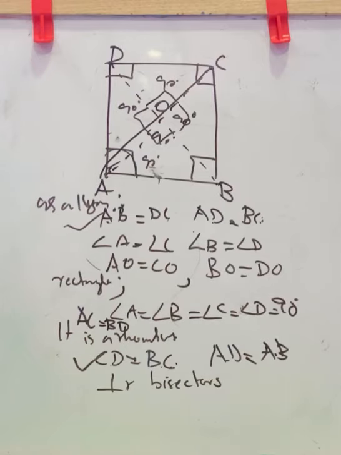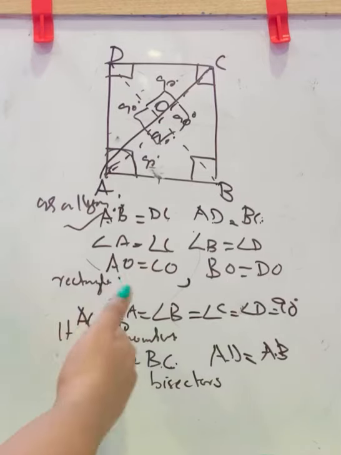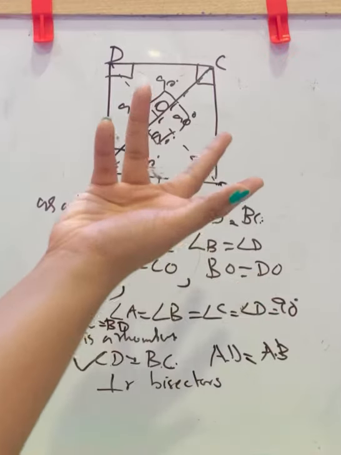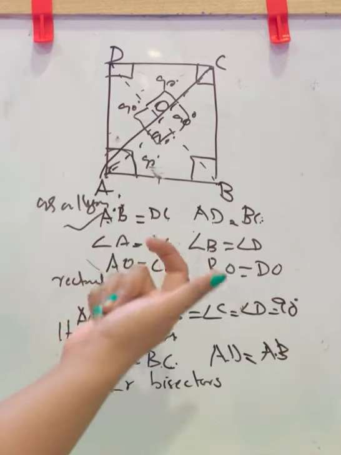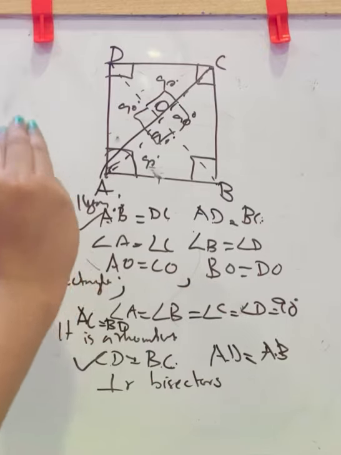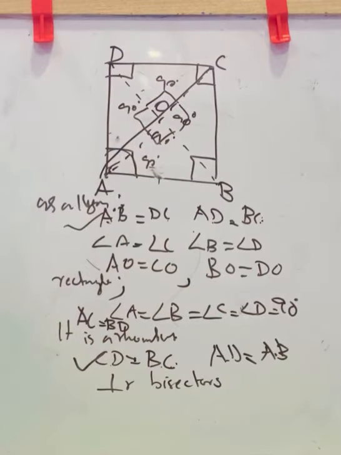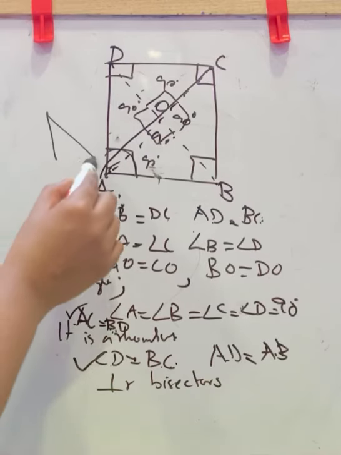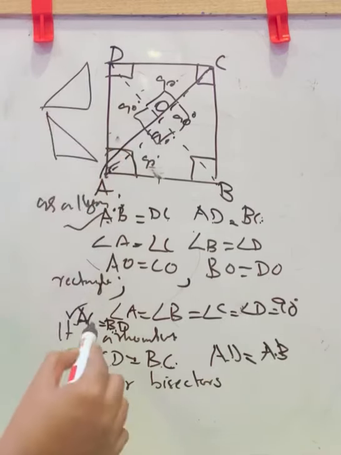Now if it is asked to prove any of these properties for a square, we have already proved in rhombus, parallelogram and rectangle. You can write the same steps in the square. That is, if you want to consider this property, then you will consider the triangles like this. We have already done in the rectangle.